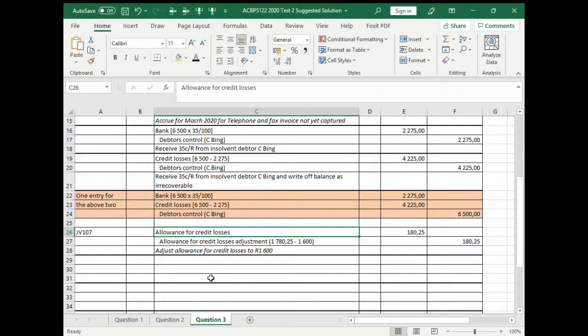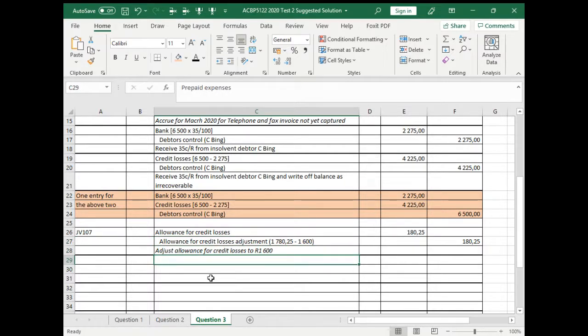It is a credit balance of 1,780 and 25 cents, but we want it to be 1,600. So we reduce the credit balance by debiting it with the difference, which is the 180 Rand and 25 cents. And then that movement we take to our profit and loss statement, but now we have to create an account for it. So you take allowance for credit losses, the account name, and you literally just add adjustment to the end of it to get the new account name. And that is how you bring in that entry.